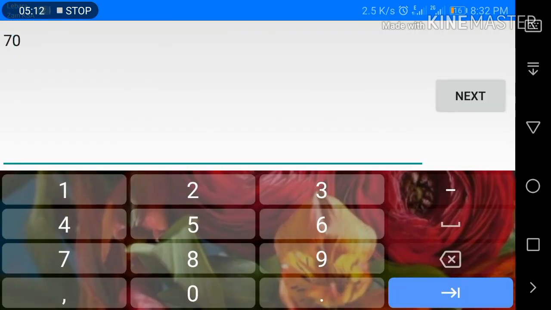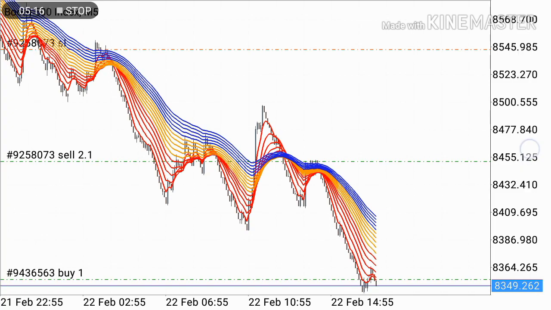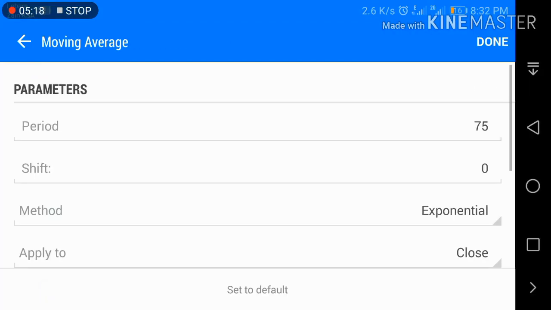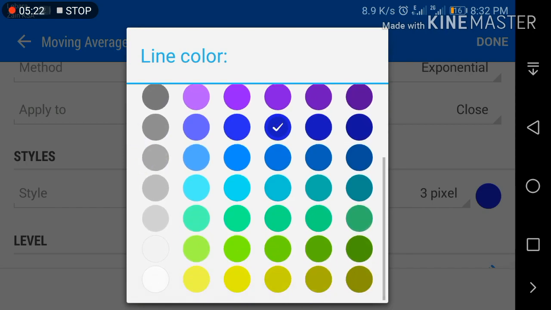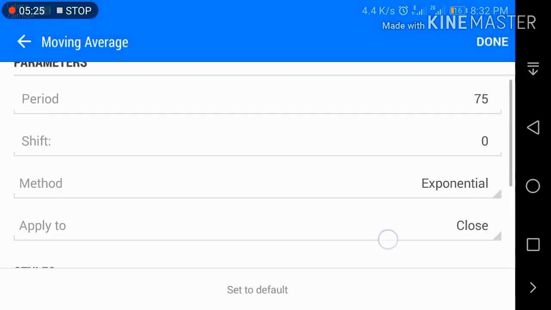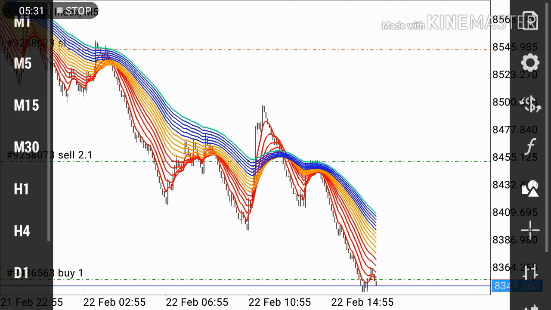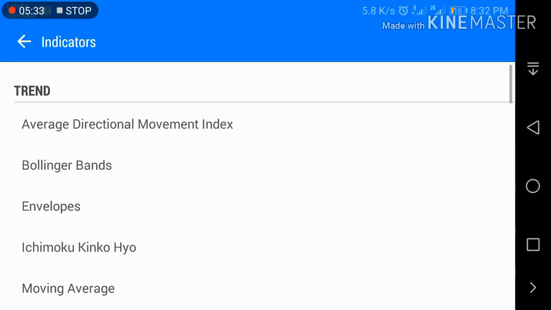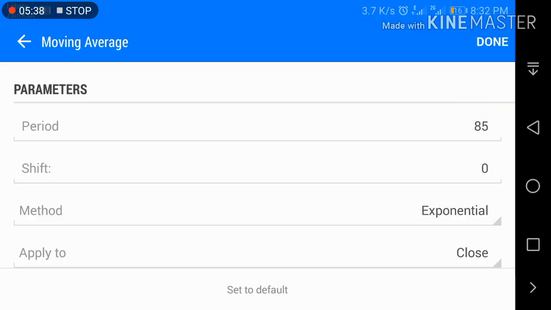Moving average 75, and done. Select the moving average, change the color, 80 period and done. 85 and done.